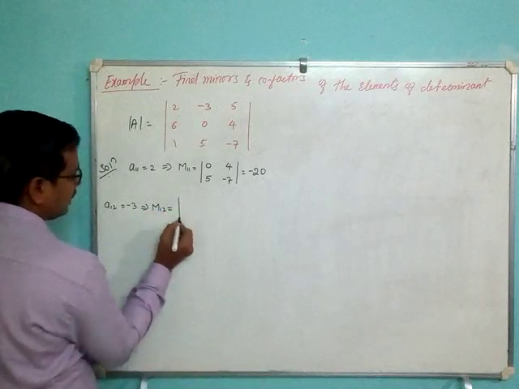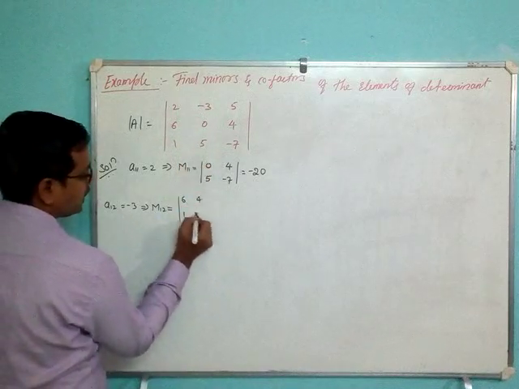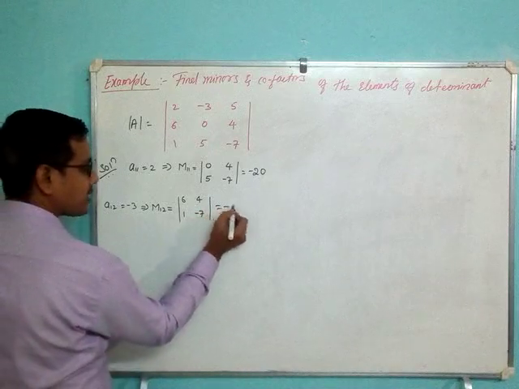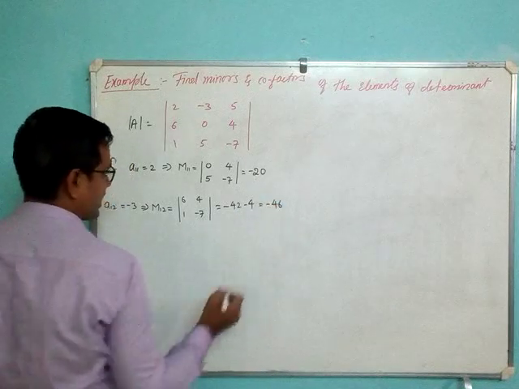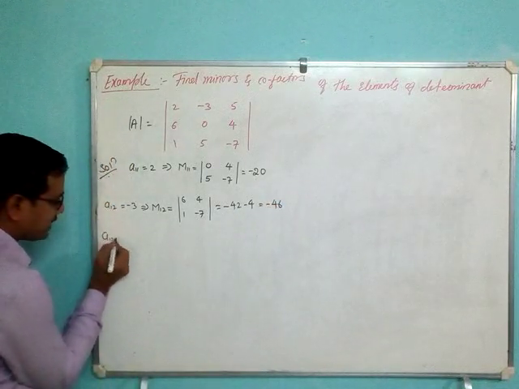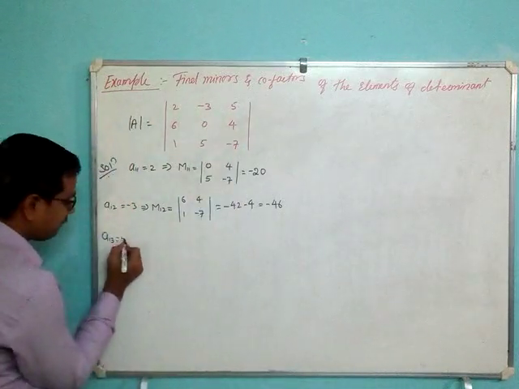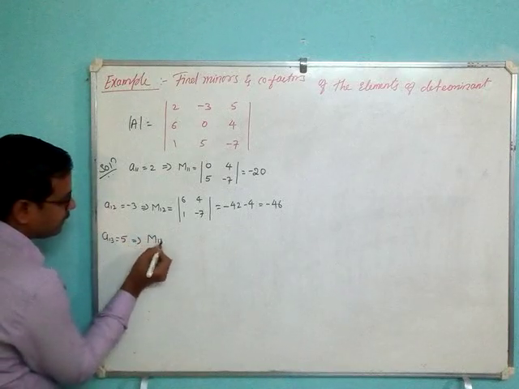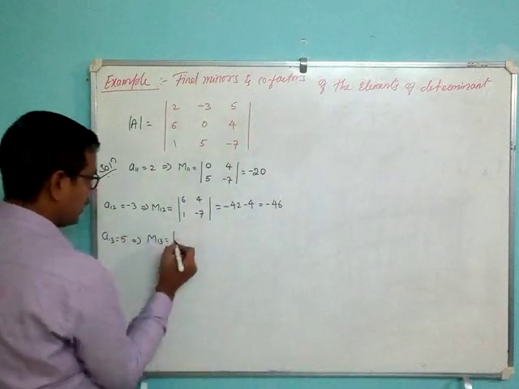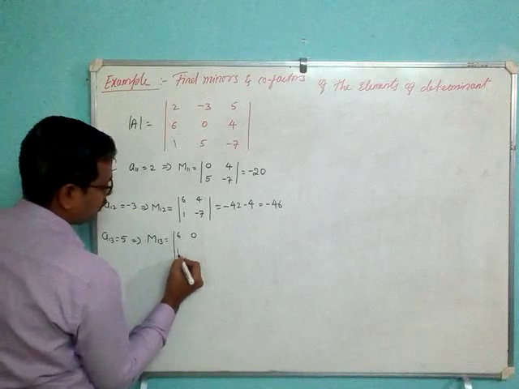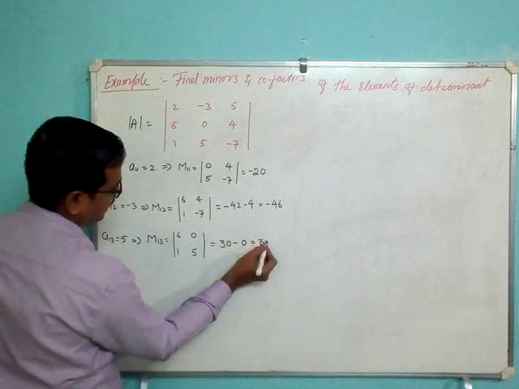M12 will be, neglect first row and second column. 6, 4, 1, minus 7. So 6 into minus 7 is minus 42, minus 4. So minus 46. Now A13 is 5. M13 will be, neglecting first row and third column, 6, 0, 1, 5. So 6 into 5 is 30 minus 0, that is nothing but 30.